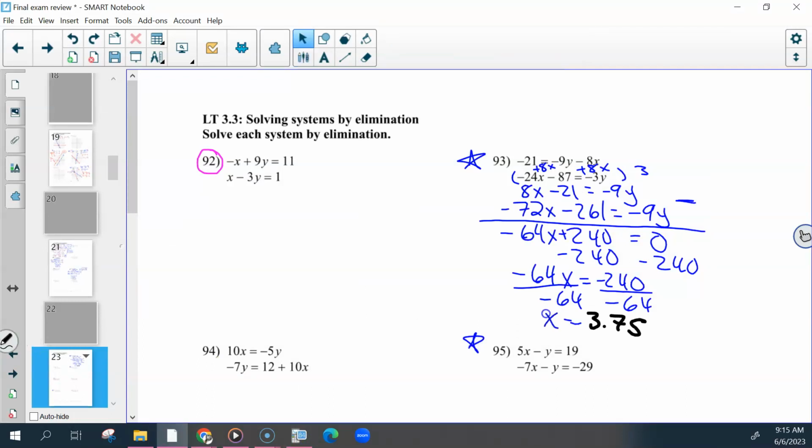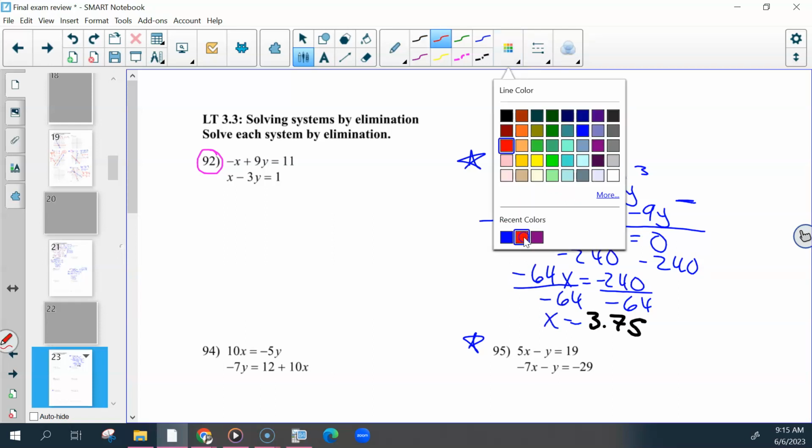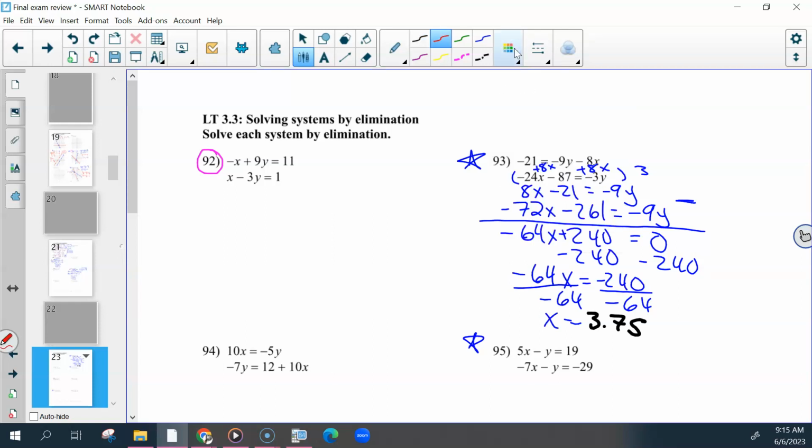So they can be decimals. And then go back and put that in for x. One of the originals, one of the ones you changed, it doesn't matter which one. Let's say I'm just keeping this one.